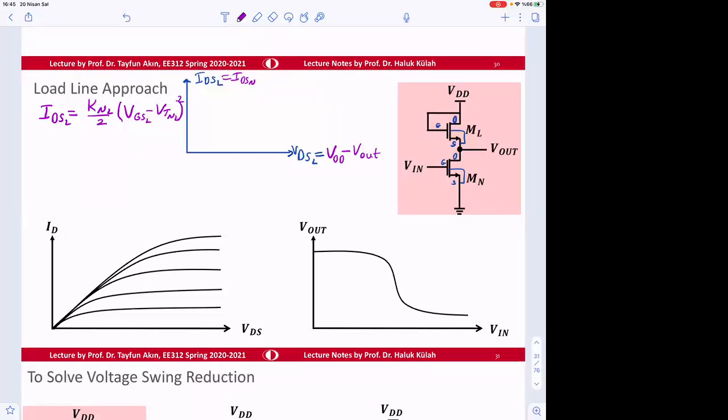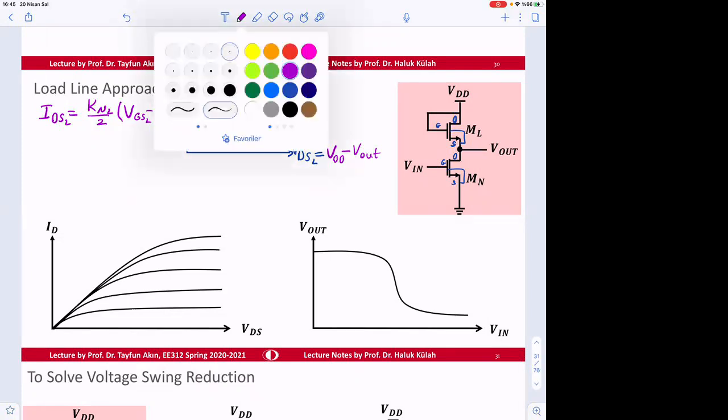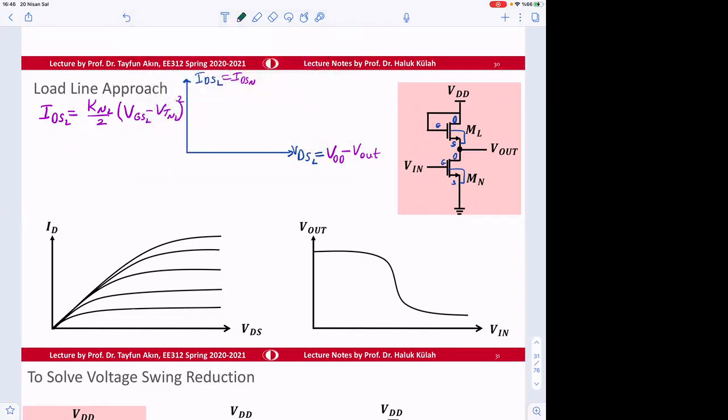We don't need to go to that graphic. We know that the transistor is always going to be following this. What is this? Gate to source of L is equal to VDD minus V out.